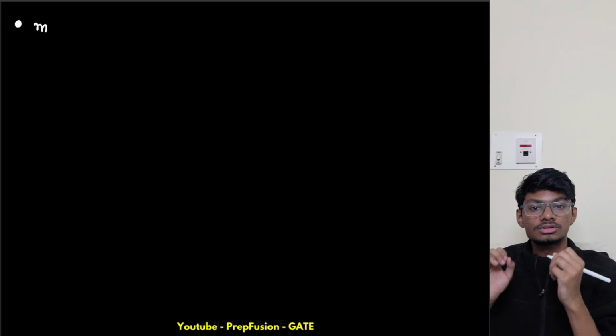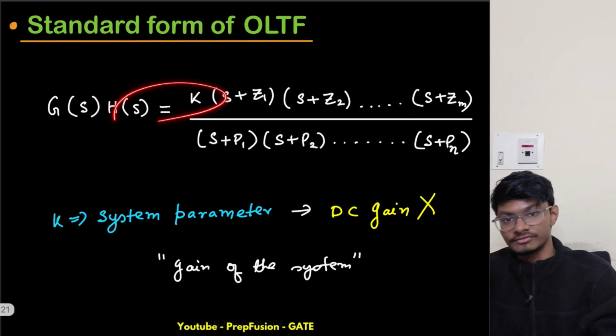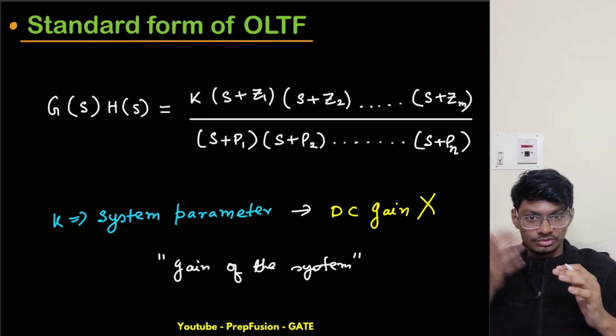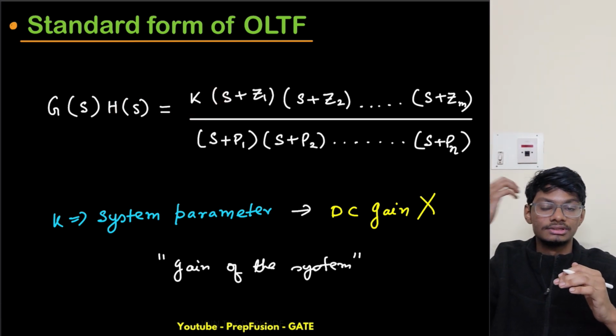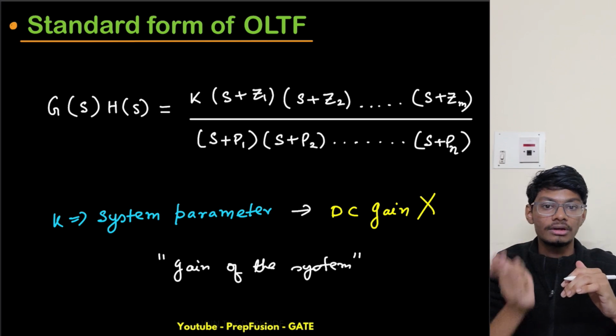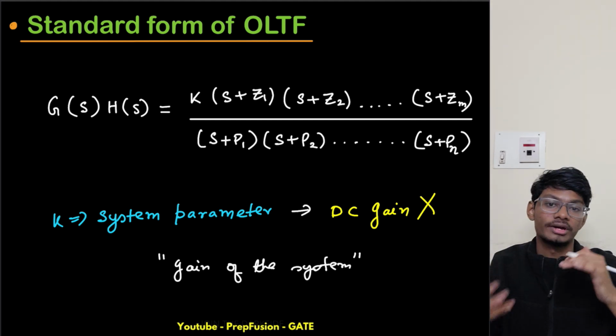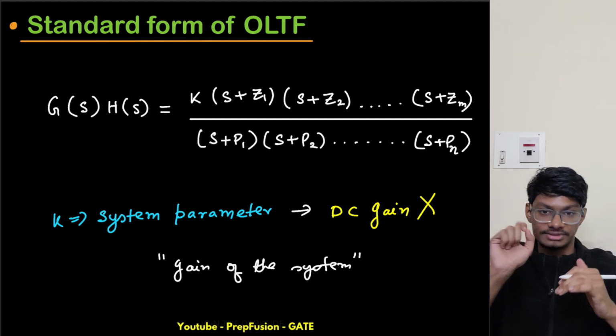I have m number of zeros, and what are these zeros called? These zeros are called open loop zeros, because these zeros are present in the OLTF. These zeros I am not interested in. I am mainly interested in my closed loop poles, right? But this will come in handy to find my closed loop poles, that we'll see.